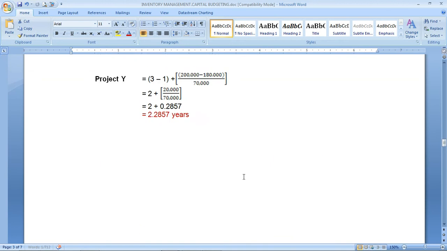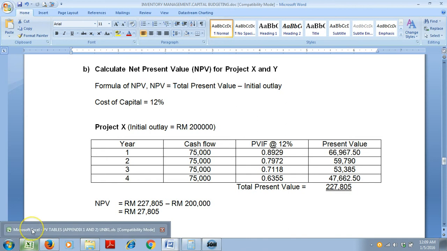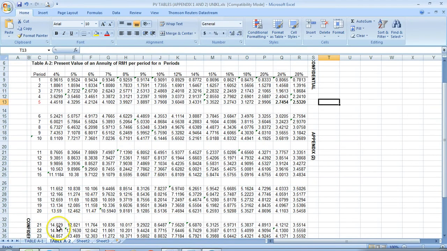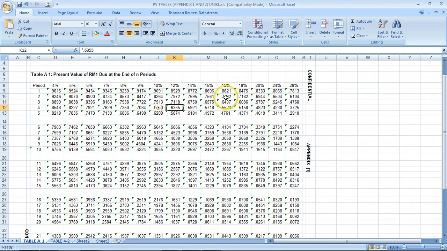So for the NPV method, from where do I get this? From the tables. As you can see now, the present value table. I zoom in. Present value here, 12% year 1. You see? Year 2, year 3, year 4.